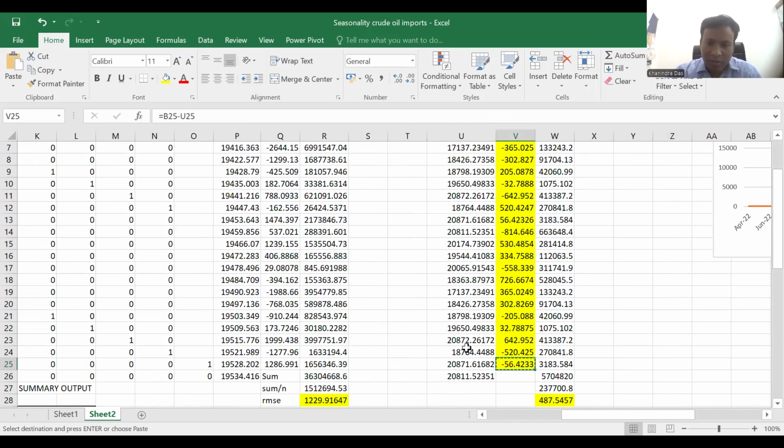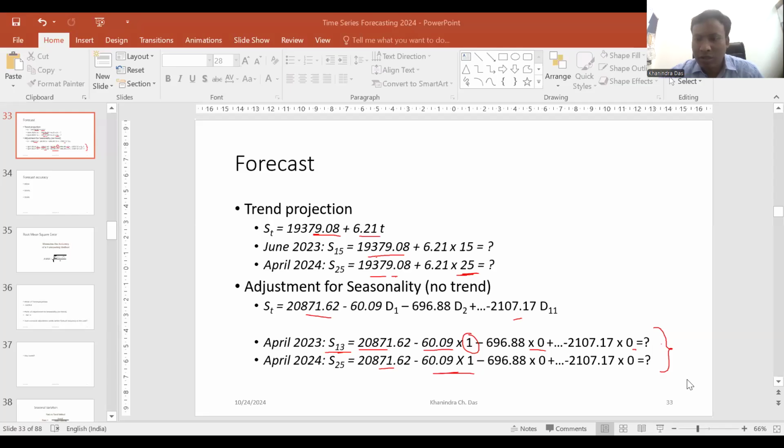Error is not 0 always. There is some error, of course, but between the two methods, the seasonal dummy method gives the better result. So it is for you to do a diagnosis of the series and apply the appropriate forecasting model to forecast the series for the next month or a few more months.